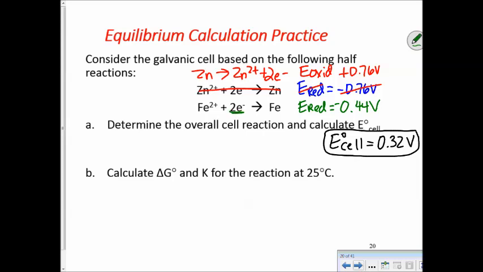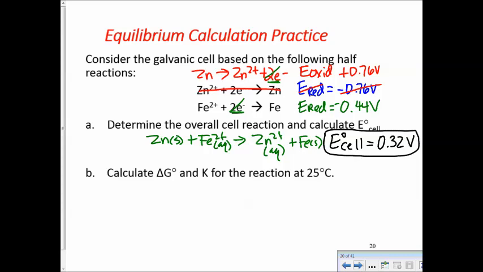We already have an equal amount of electrons, so we can just cancel and add them together. And I know that the zinc is the solid since it's written as zinc metal, and the ones that are ions are going to be aqueous. So you can write them as such. Like so.